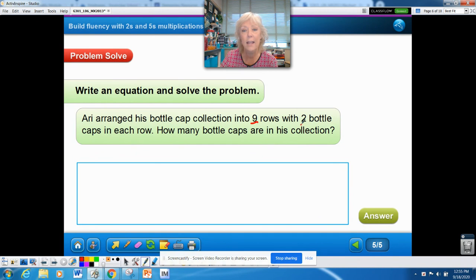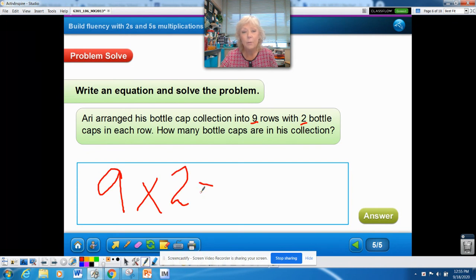There's a 9 and a 2. We need to decide, what are we doing with those numbers? Well, again, we know from our target that it is multiplication of the 2's and the 5's. This time we have 9 times 2. Okay, and we'll put our symbol for equal or same as.